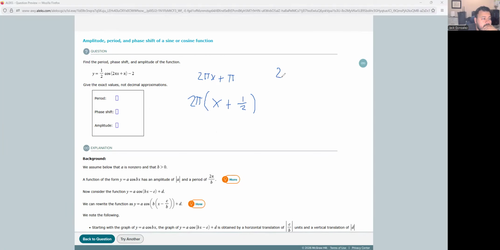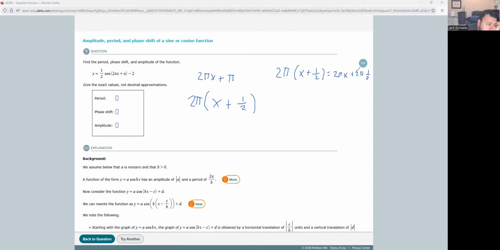Just in case you're wondering what is going on, you multiply it back in, right? Let's do it over here because I'm going to undo what I did. That becomes 2 pi x plus, right? 2 pi times the 1/2.